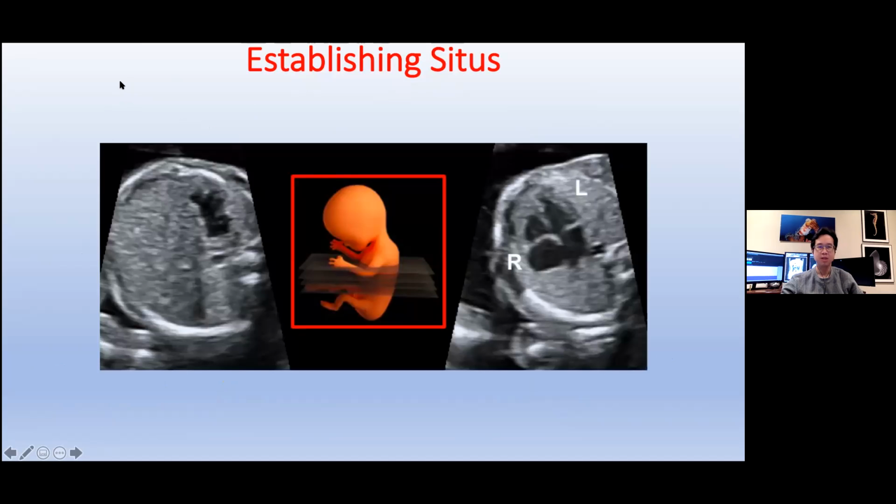Okay, so you do this by establishing the transverse image of the heart, and then making sure that the stomach bubble, or fluid-filled stomach, is on the same side as the heart. So it's actually very easy to do this once you find these 2 structures in the transverse plane, and then you just sweep up and down, because they should sit very close to each other.